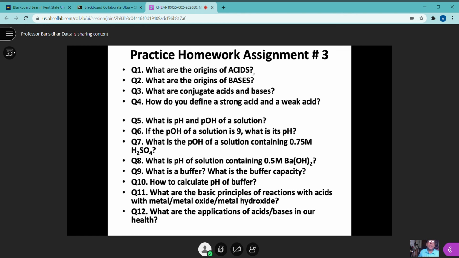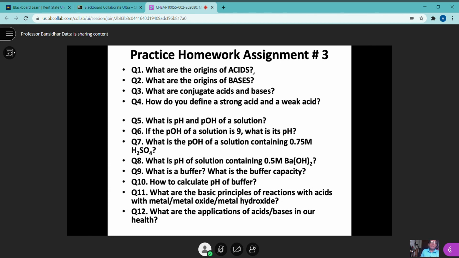So what are the origins of acids? What are the origins of bases? What are conjugate acids and bases? How do we define a strong acid and weak acid? You already know, right? And then how do we define a stronger or weaker acid within the weak acids? That's the Ka values. We talked about it, right? Just talked about it today.